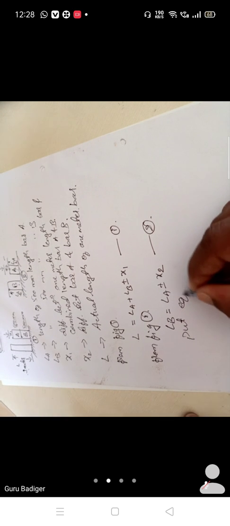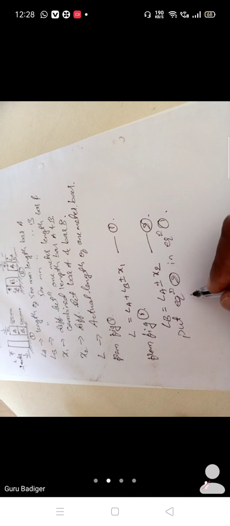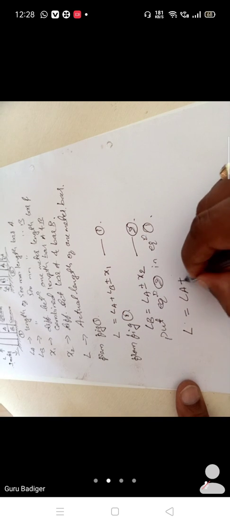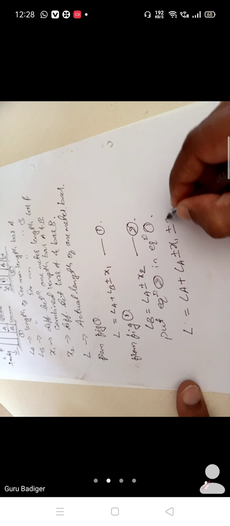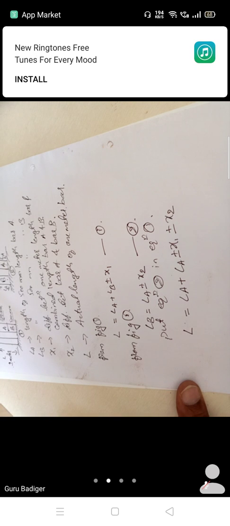So put equation 2 in equation 1, right? By putting equation 2 in equation 1, what will happen? Here L, you keep LA as it is. Instead of LB, put LA plus or minus x2. So L equals 2LA plus or minus x1 plus or minus x2.